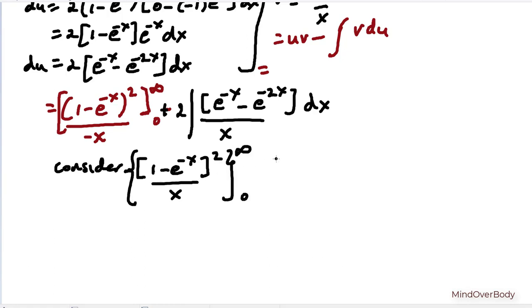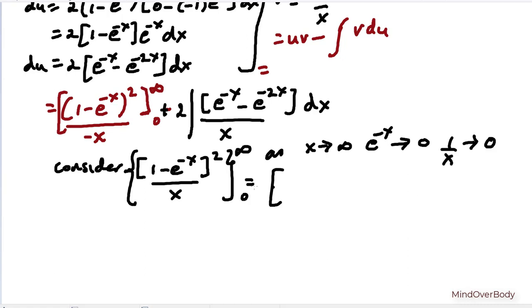As x is moving towards infinity, e^(−x) will move towards 0 and 1/x will move towards 0. So if you were to apply the upper limit, the first term will become 0, and that would leave us with the second term, negative of (1 − e^(−x))² divided by x.